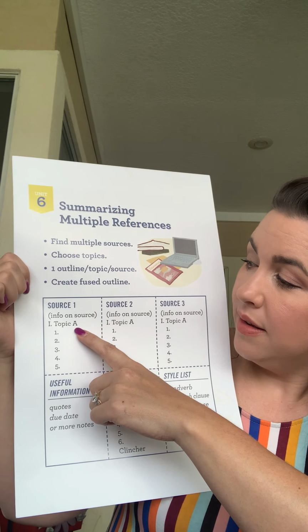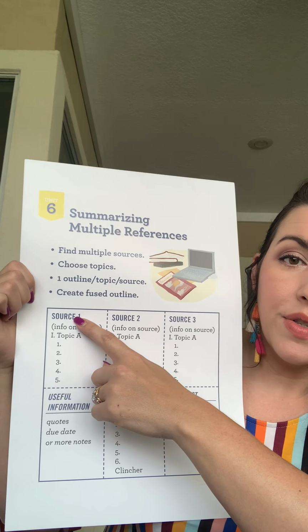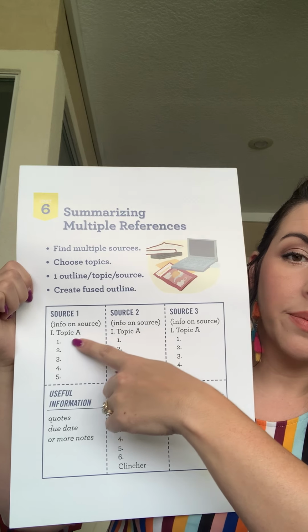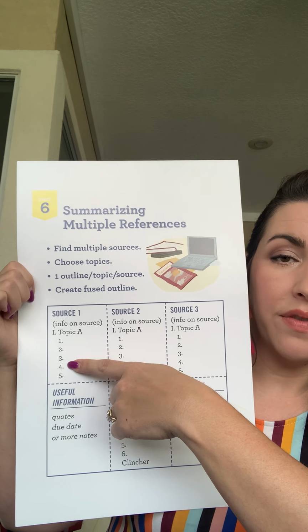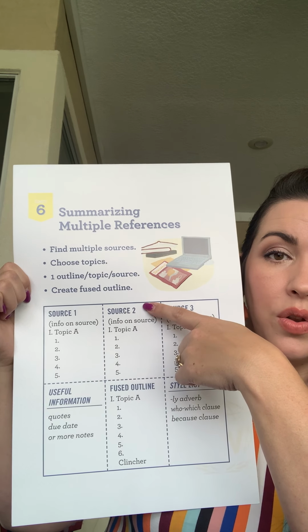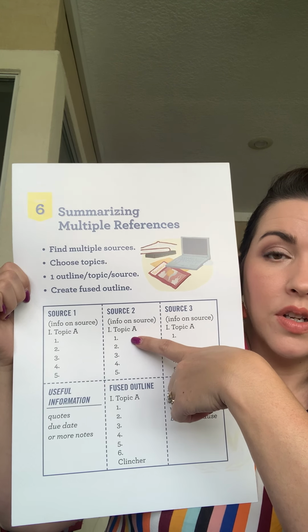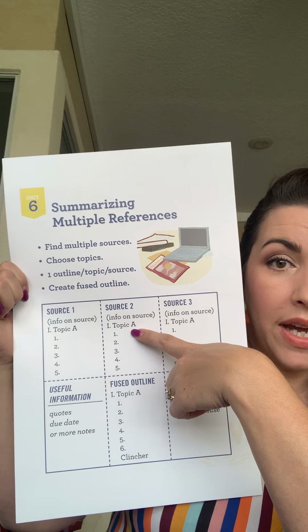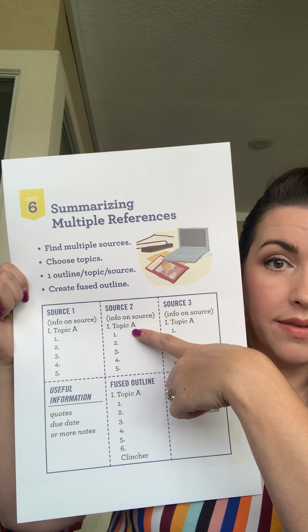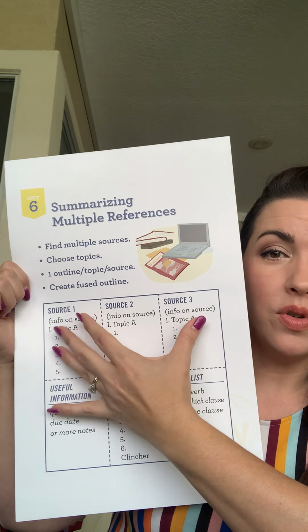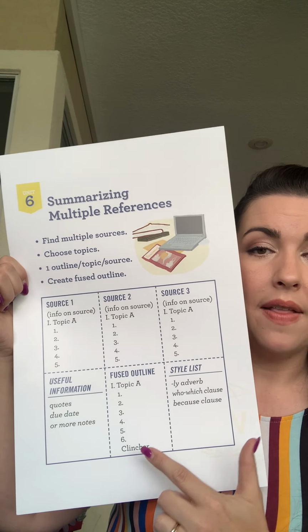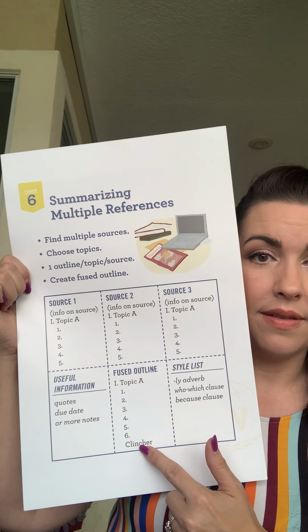Topic A, you'll look in that first source and you'll pull out some keywords and get some ideas for that first one. Then you'll look through your second source. Now you're still looking for information and facts about topic A. Then you'll do the same with source 3. And then what you'll do is you'll take these 3 small outlines, you'll fuse them together into this fused outline, and this will become paragraph A.